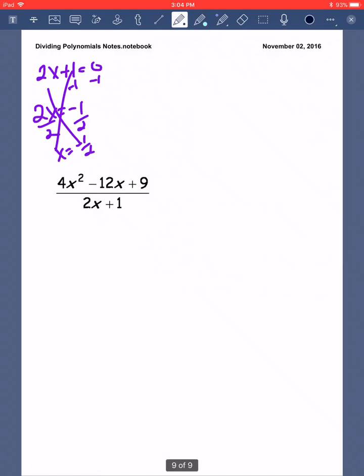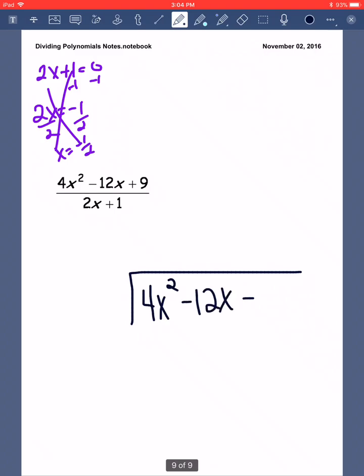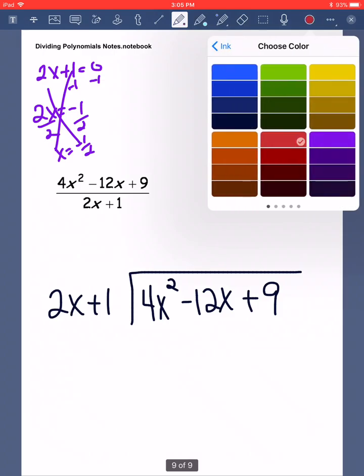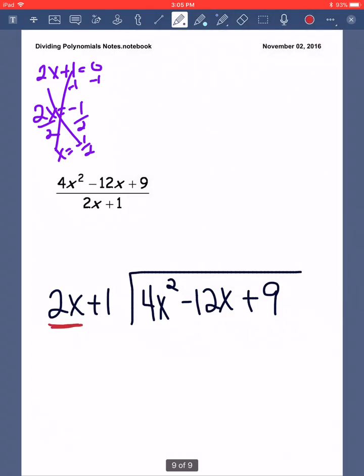So for long division, set up my box. Inside I have 4x squared minus 12x plus 9, making sure I didn't skip any degrees. And I'm dividing it by 2x plus 1. And I start off by saying 2x times what gives me 4x squared? Well, 2x times 2x gives me 4x squared.